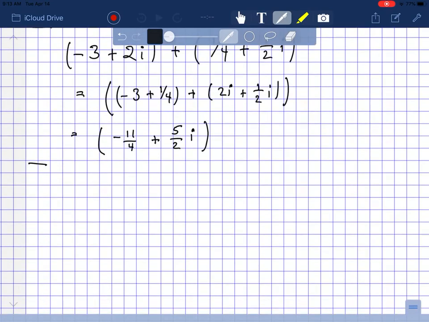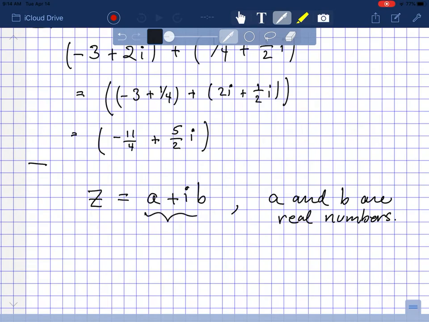Let me mention this. If I have a complex number that I'm going to call z, and this is equal to a plus I times b. So again, a and b are real numbers. Okay. So here I have a complex number, and I'm calling it z.